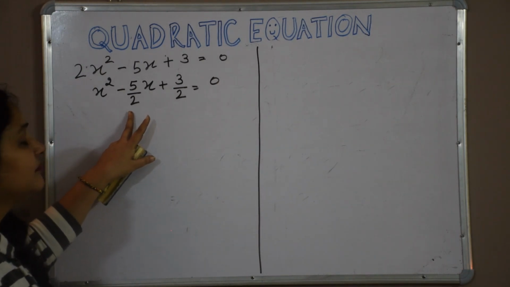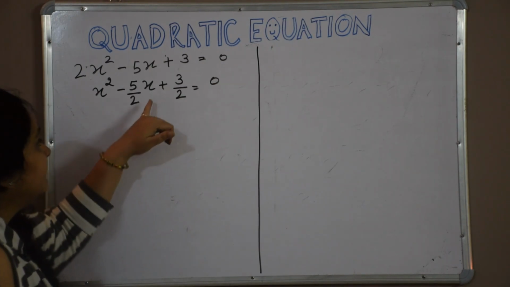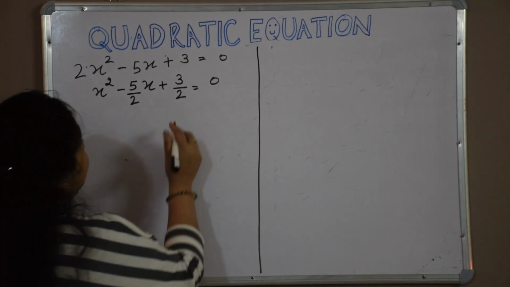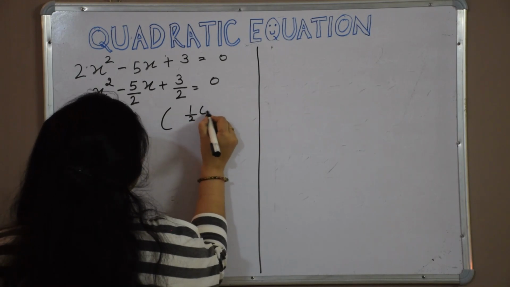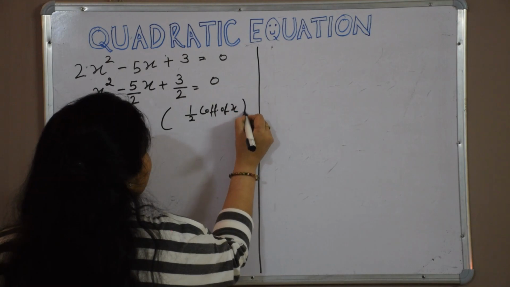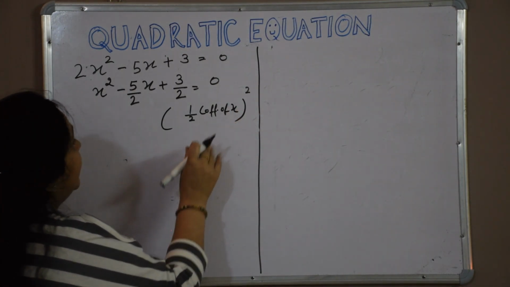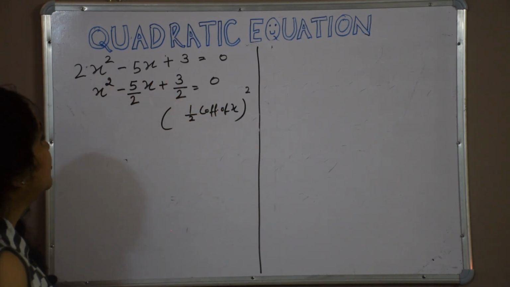Now the very important step of this question is: whatever is the coefficient of x, we have to take half of the coefficient of x and take the square of that, and we need to add that to both sides.